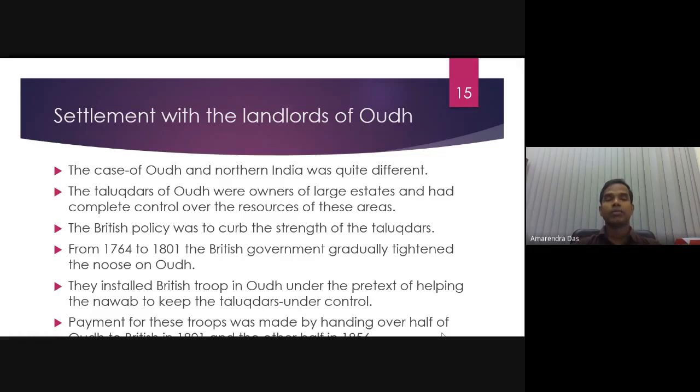And the payment for these troops was made by handing over half of Oudh to the British in 1801 and the other half in 1856. So basically, the British played politics, and then they tried to take the land from the Nawabs for providing this help, and that's how the land was transferred from the Nawabs of Oudh to the British administration.